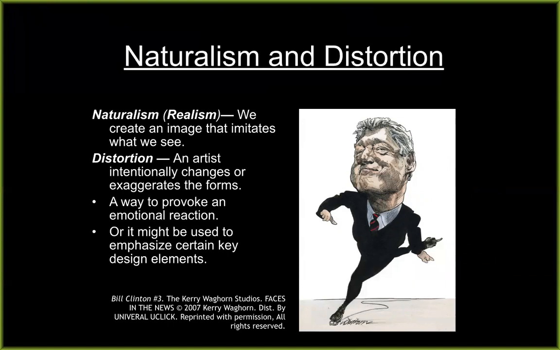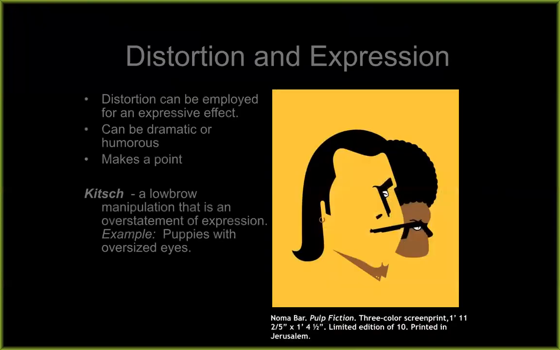But then you have artists who intentionally distort, so they might exaggerate different features, as in this caricature of Bill Clinton. And this is often done if you want to provoke some kind of a response from the viewer, or it could be used to emphasize certain design elements.